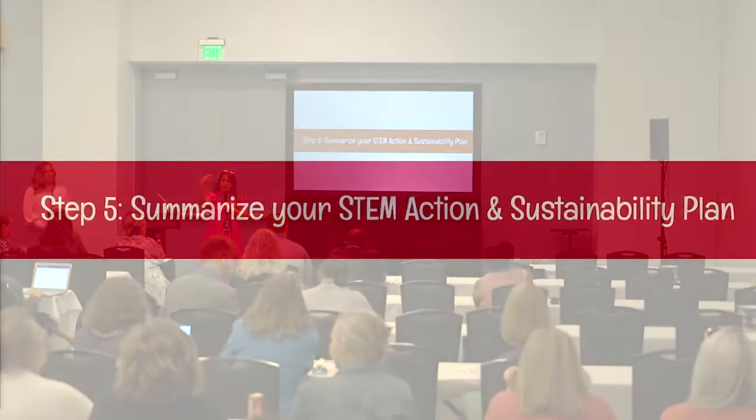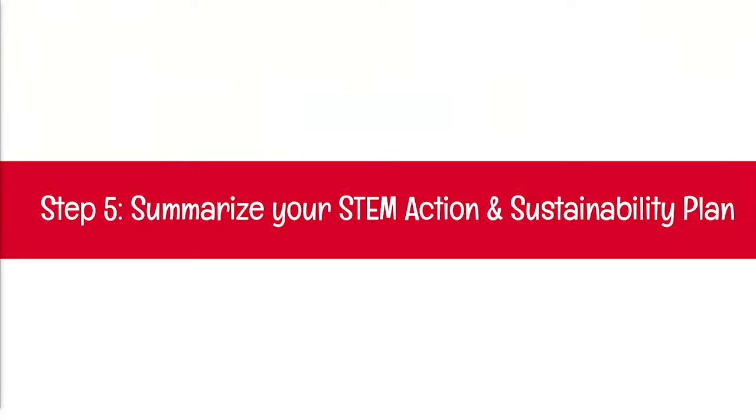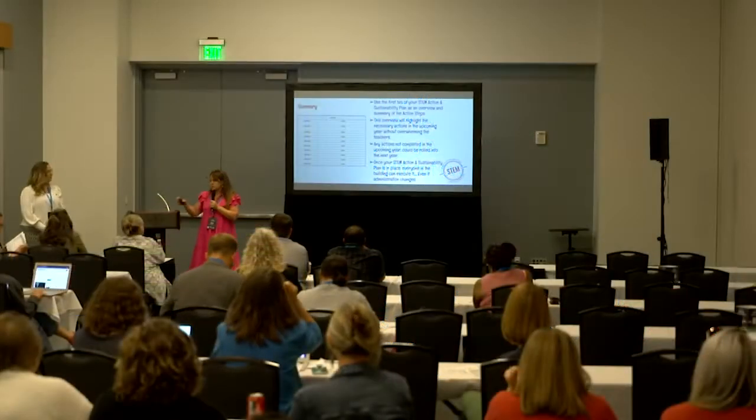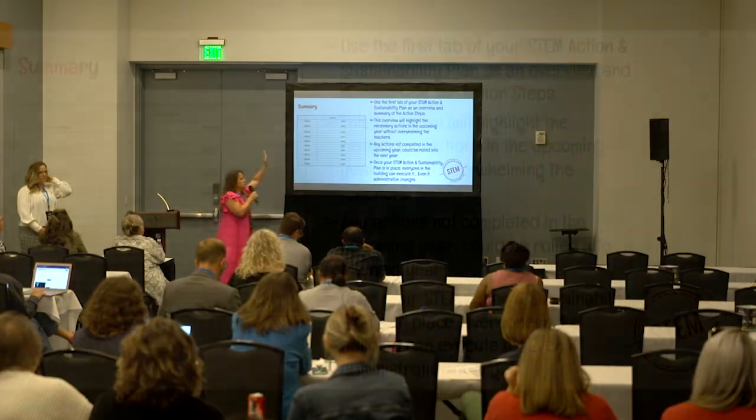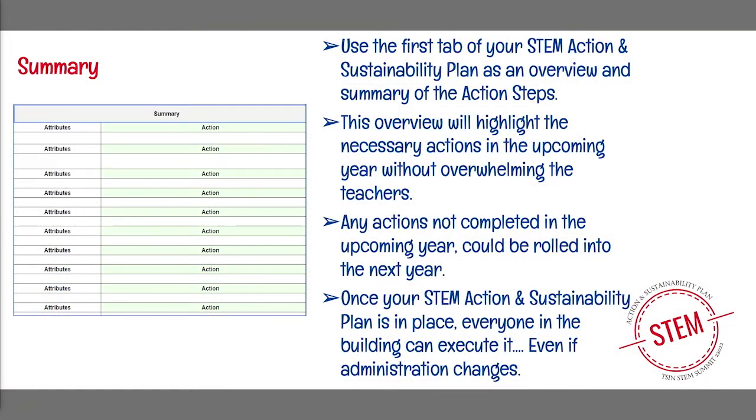So when you're done, you've got to sum it up, right? So that everyone knows their part and those expectations. And so this is the last step I recommend. On the front of this template, we built just a very simple overview, a summary. It's the first tab in the spreadsheet, and it simply summarizes the attributes we're focusing on and the action steps.